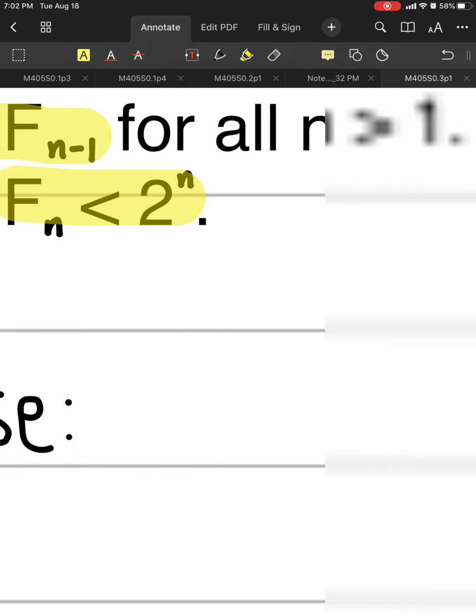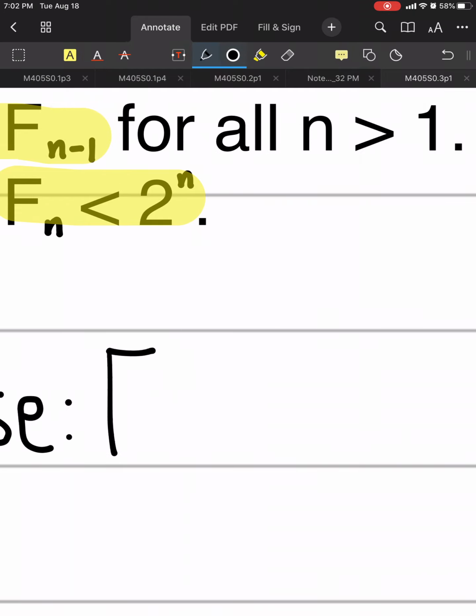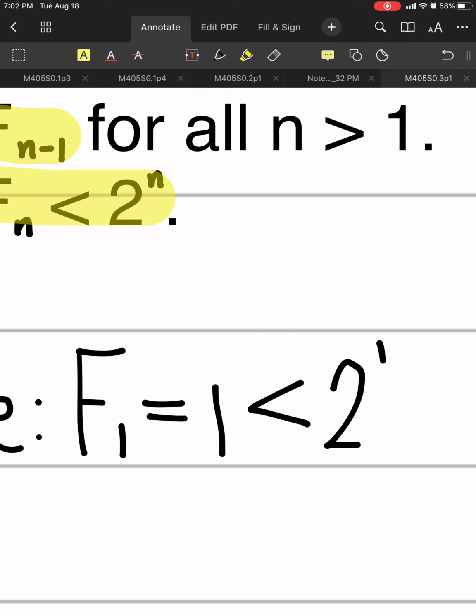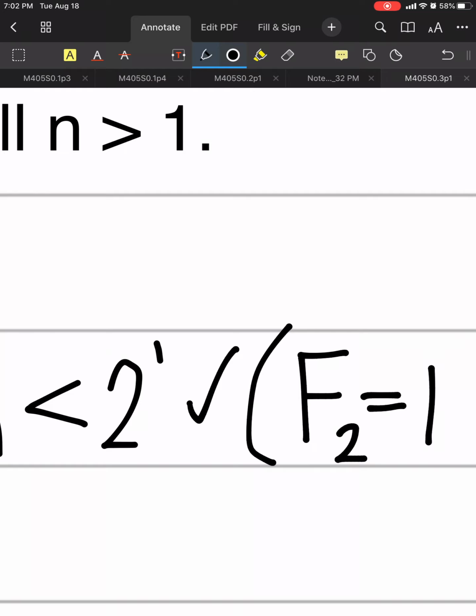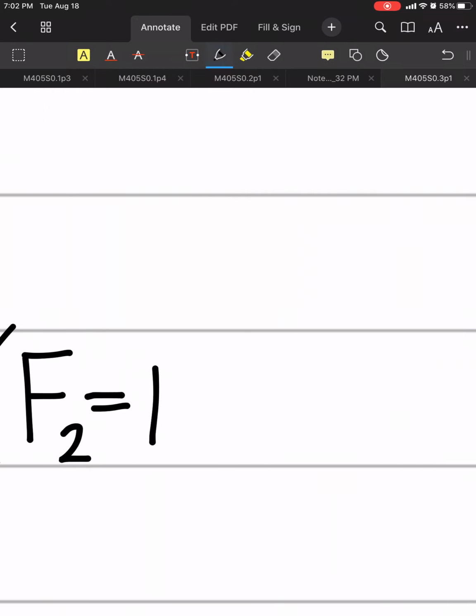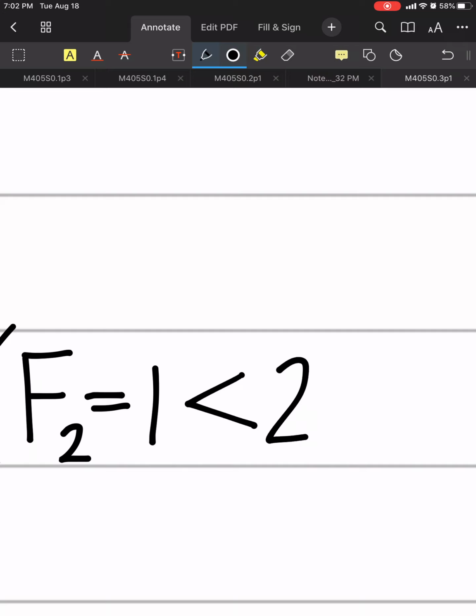Here, f sub 1 equals 1 is less than 2 to the 1. That checks out. And we don't know that we're going to need this one yet, so sometimes you might have to adjust this later. f sub 2 also equals 1, which is less than 2 squared, which is 4.